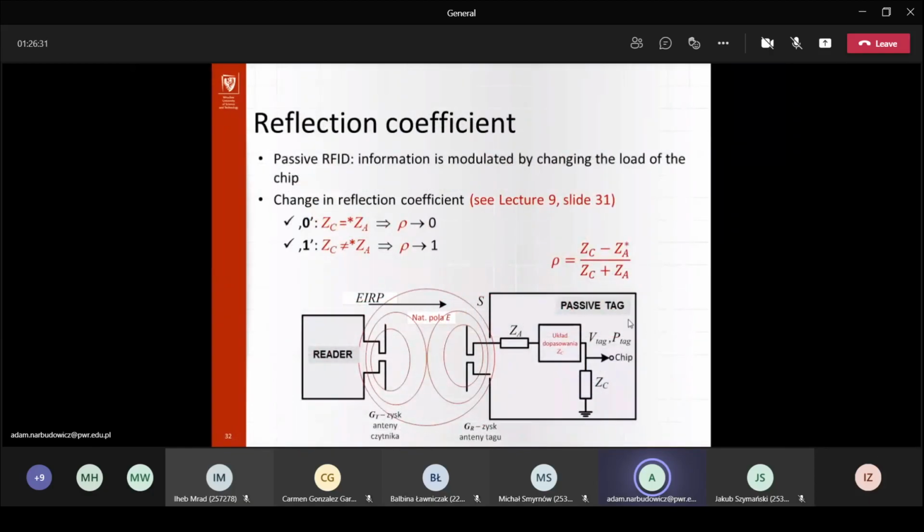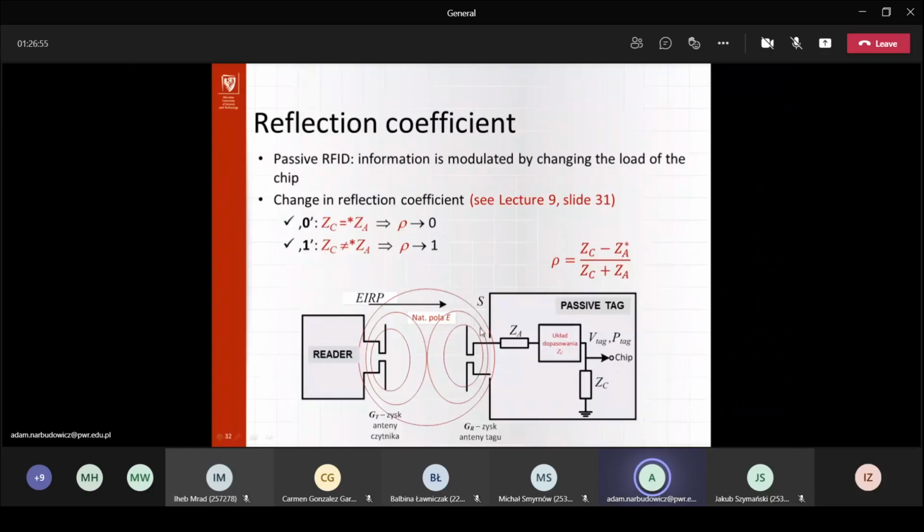Earlier, in lecture 9, we talked about the reflection coefficient of a system, and this is exactly what is used here. That's just one application, something that is used in RFID systems.